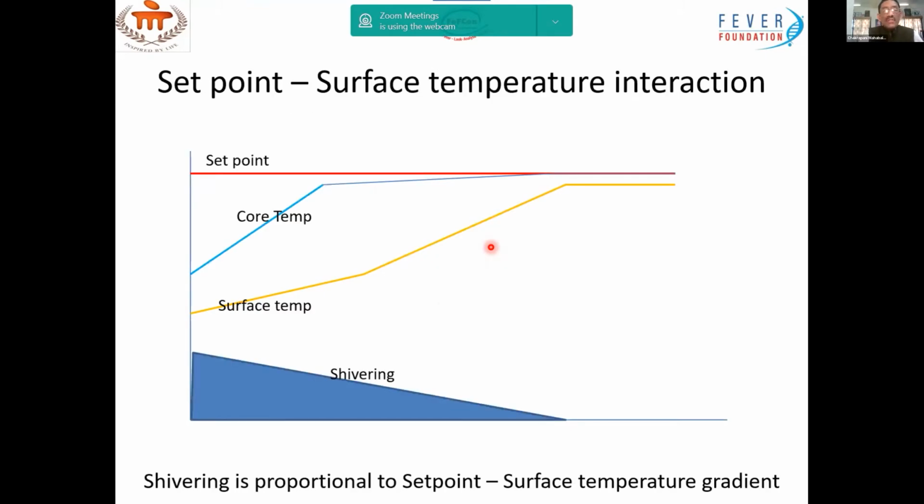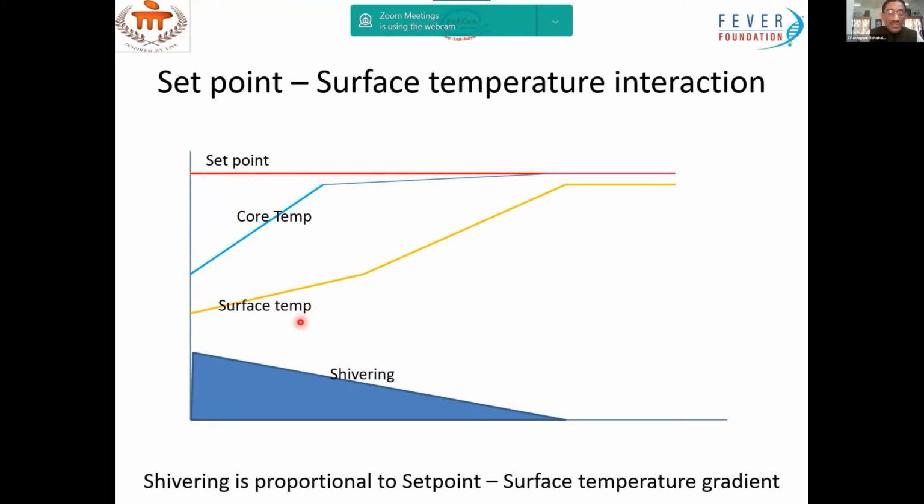Let's see what happens when the temperature goes up, and why should it go up? It starts with the thalamic set point: from the normal level, the thalamus is set at a very high level. Now the body wants to generate temperature to reach that level, whether it's the core temperature or the surface or shell temperature. Ultimately, the body wants to reach that set point. How does it reach it?